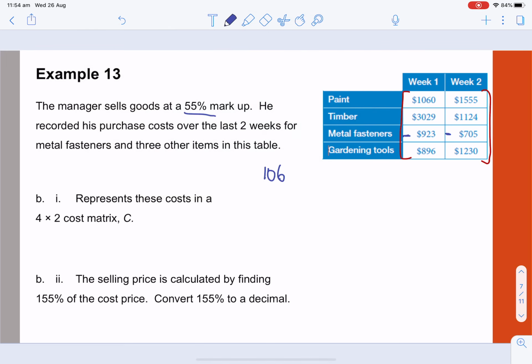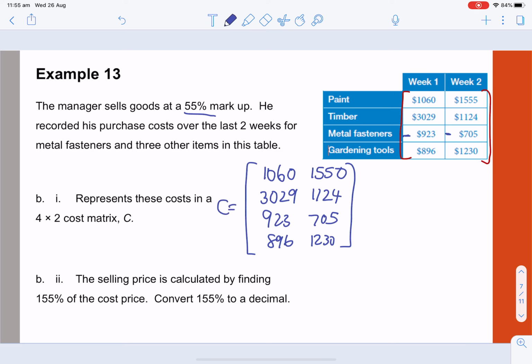So 1060, 1555, 3029 and 1124, 923 and 705, 896 and 1230. Put a square bracket around it. This is my matrix, my cost matrix. So that's how much it's cost me for those 2 weeks.